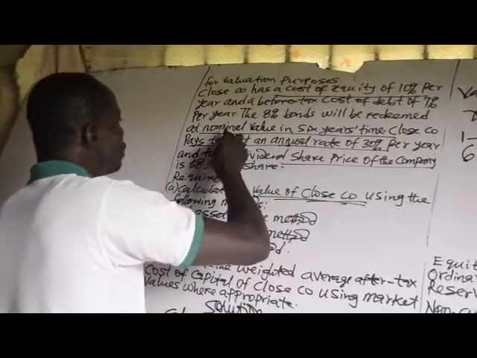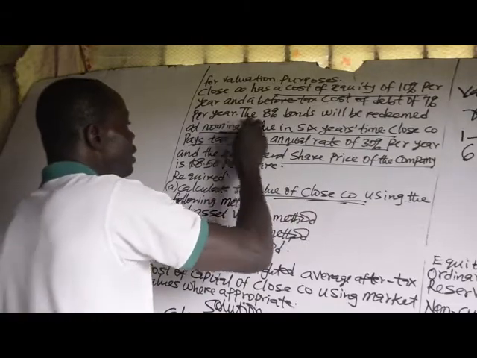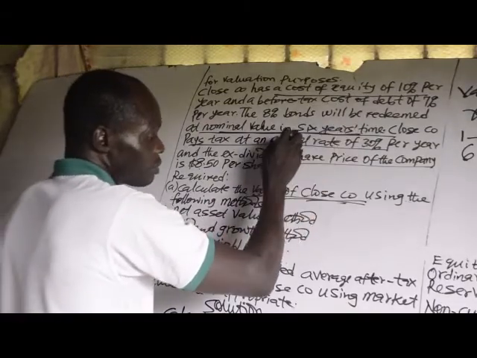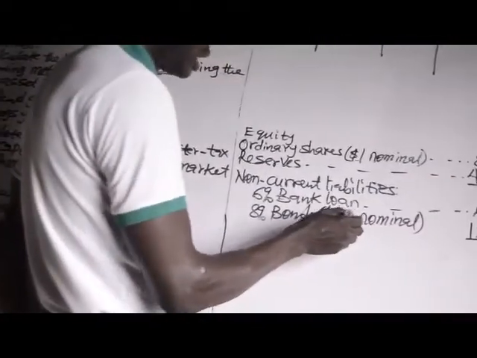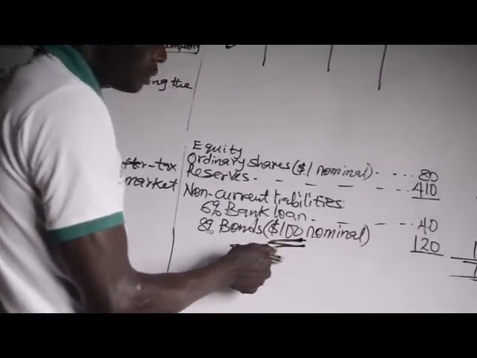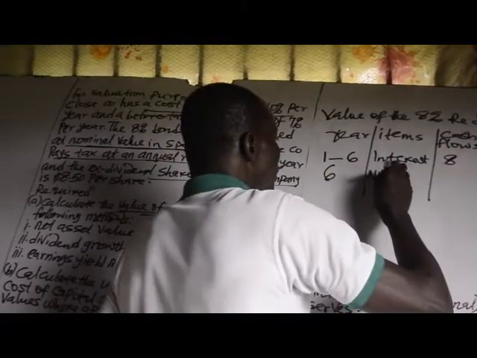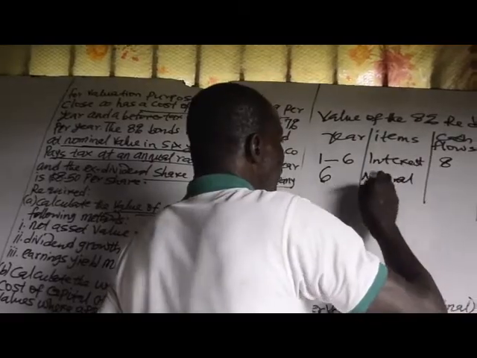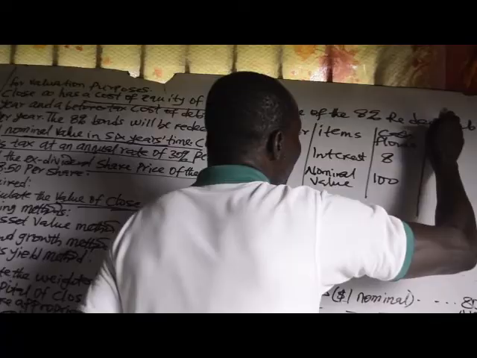You were told that the 8% bonds will be redeemed at nominal value in 6 years' time. The nominal value of the bonds is denominated in 100. So you have $100. That is the nominal value of 100.